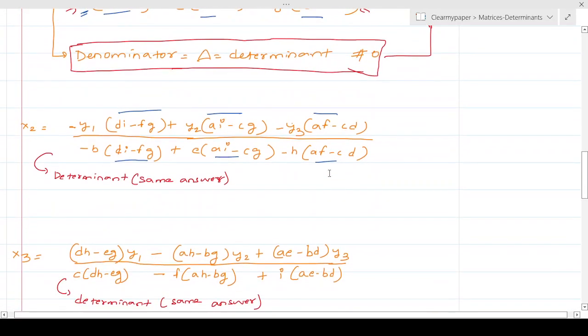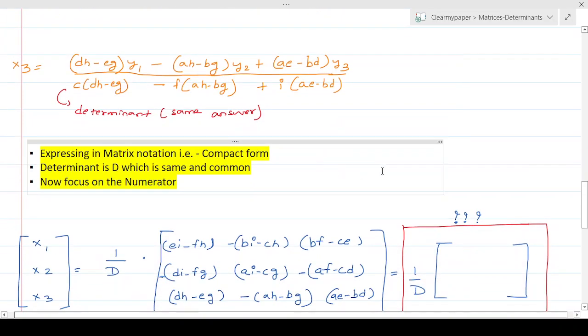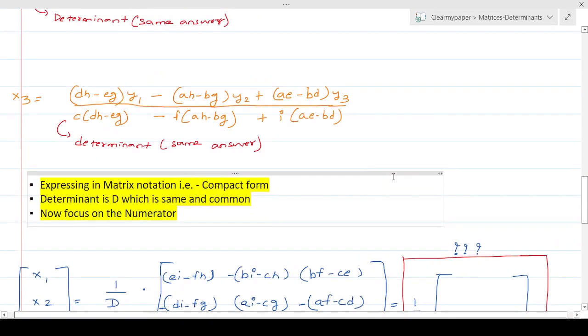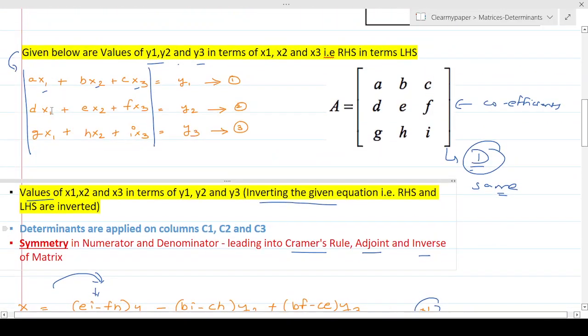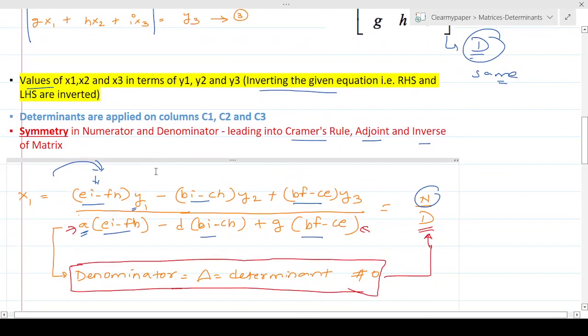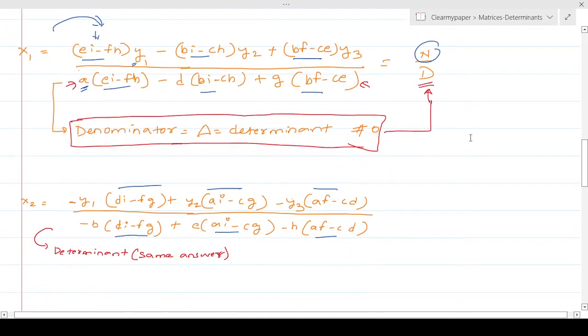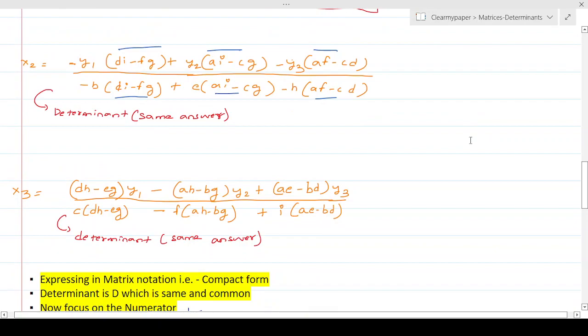So by that what I mean is, let's try to simplify this equation. We have got three equations, x1, x2 and x3, and we're focusing on the numerator part of that. So let's focus on the numerator. What we can do is express this whole equation in matrix notation. We know how to express this in matrix notation, but now we have inverted, meaning that we have found x in terms of the y variables, and we have got three equations, and the unknowns have gone on the left hand side.